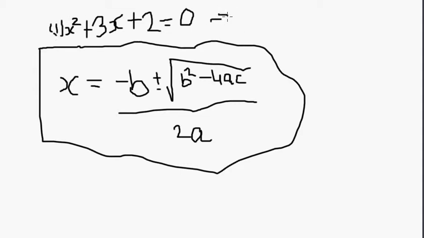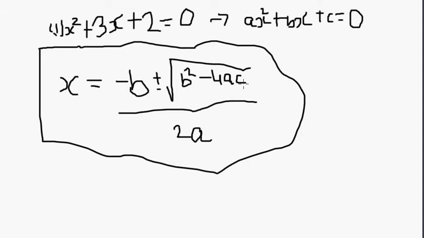I'll show you how: we can compare it with x squared plus bx plus c equal to 0. So a is 1 and c is 2, so 4 into 1 into 2 is 8. So b squared 9 minus 8 is 1, and we get 2 values, and a is 1, so 2a is 2.